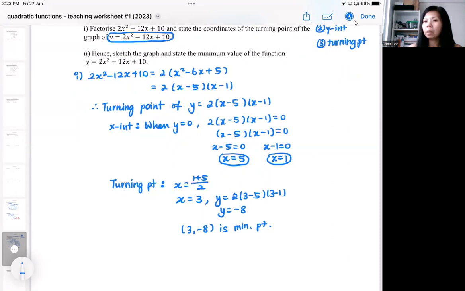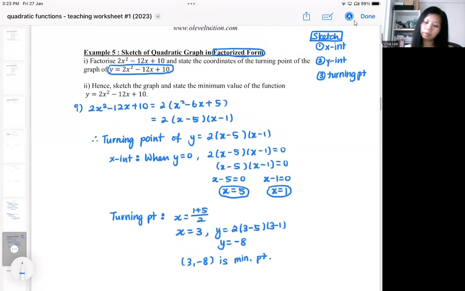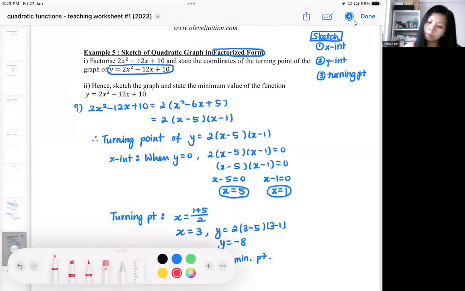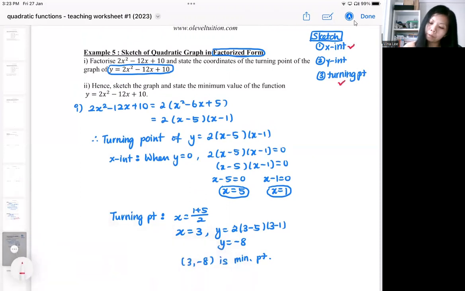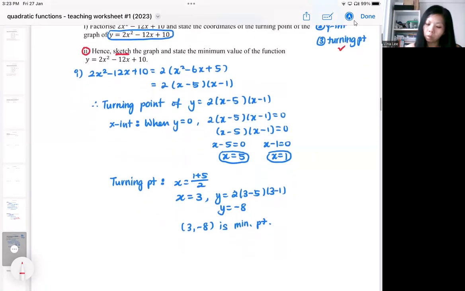Like I mentioned, when you do the sketch, you need 3 blocks of thinking. By doing this, you already fulfill the x-intercept and the turning point. In the next part, if I need to do a sketch, I just need to complete a bit more working on the y-intercept. The y-intercept happens when you substitute in x equal to 0.